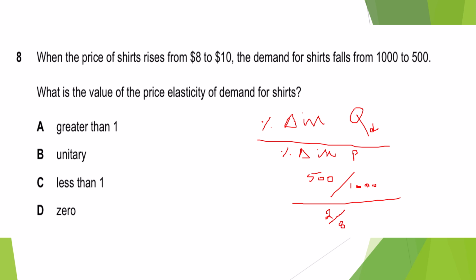Here, 500 divided by 1000 is 0.5 and 2 divided by 8 is 0.25. So the answer will come equal to 2.